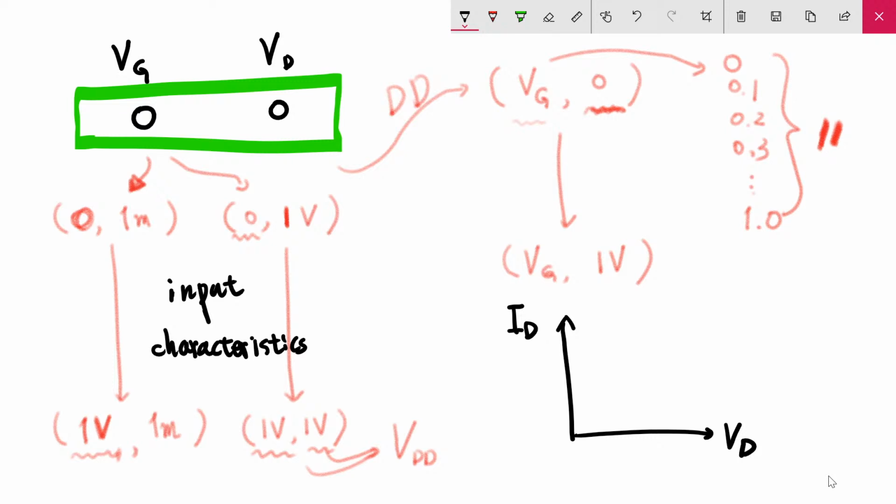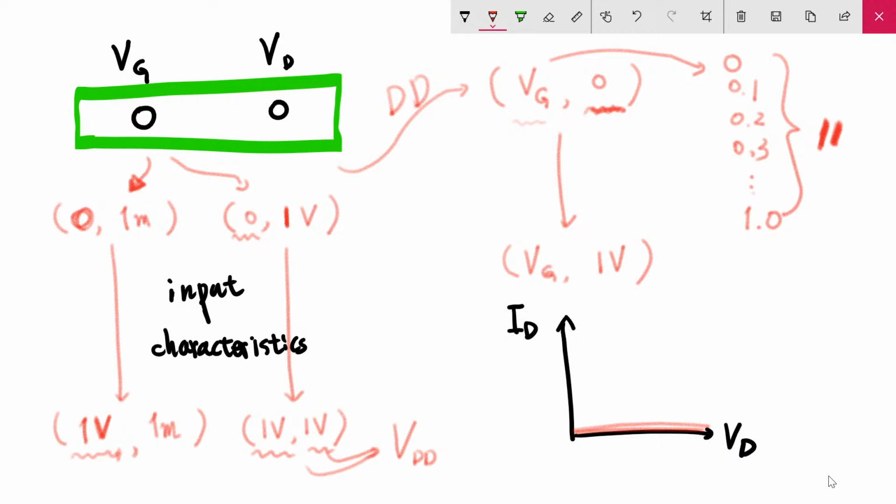Then you will find the 11 curves corresponding to your id versus Vd curve. So if your device is turned off, for example, certainly we can say that at Vg equal to 0 condition, your device is turned off, so there will be no current conduction. 0.1, maybe. So let's assume that your threshold voltage is around 0.3.